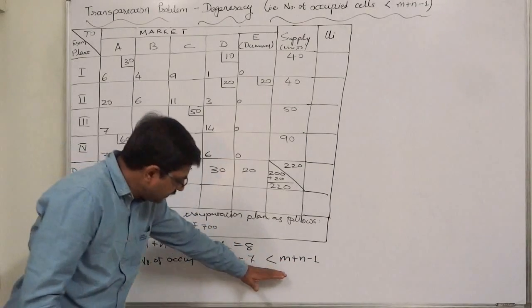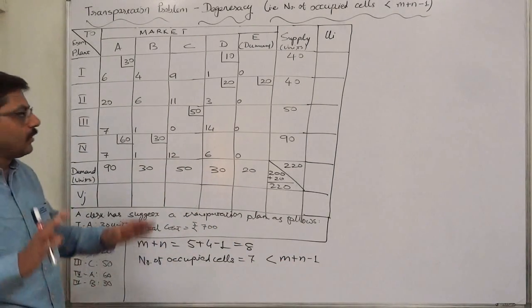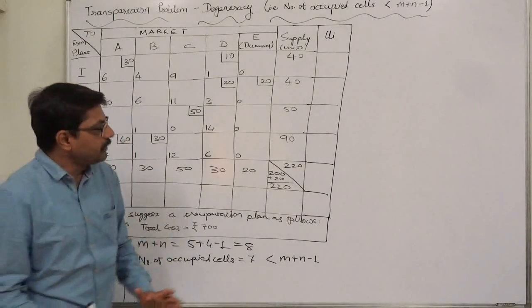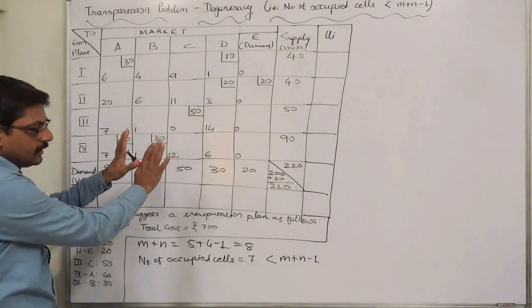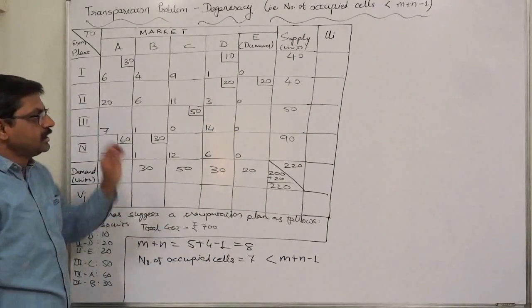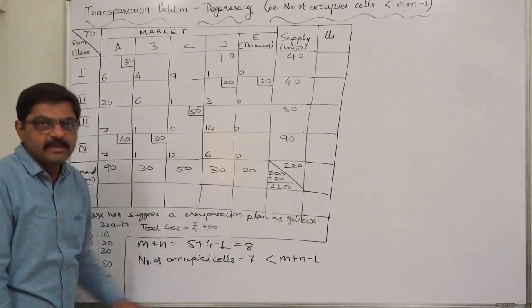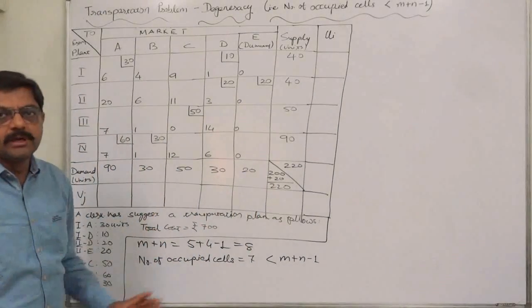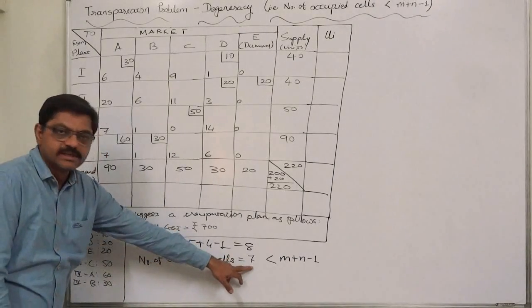The meaning of this is, if we go for checking the optimality of this solution as it is, we cannot have all the ui and vj values. Some values of ui and or vj may be missing. We cannot write all the values because of this condition.